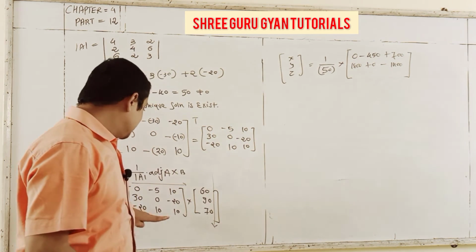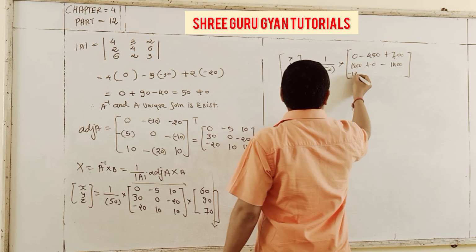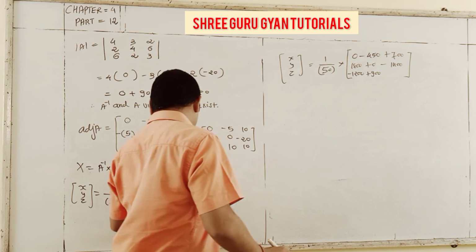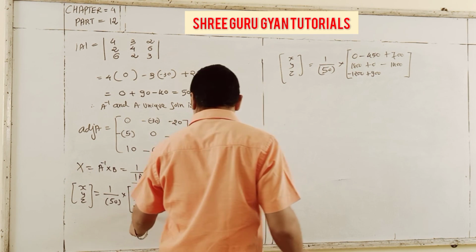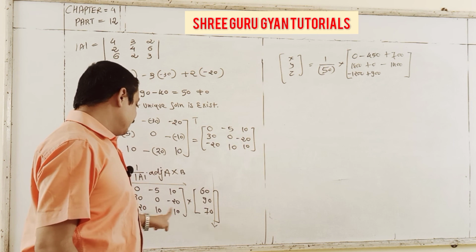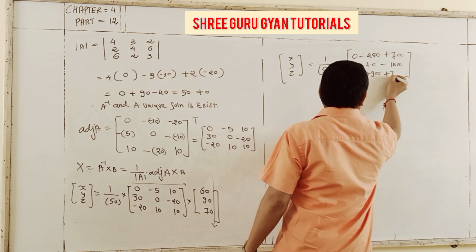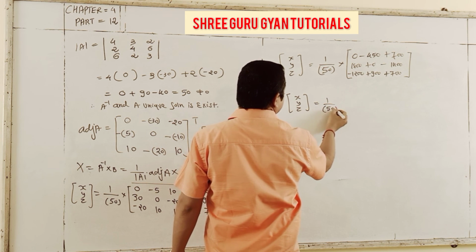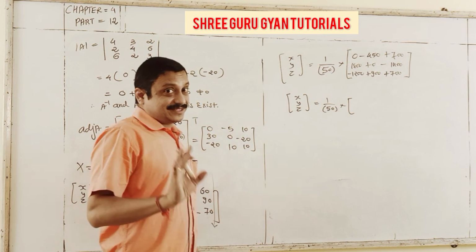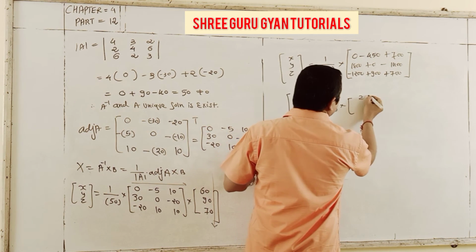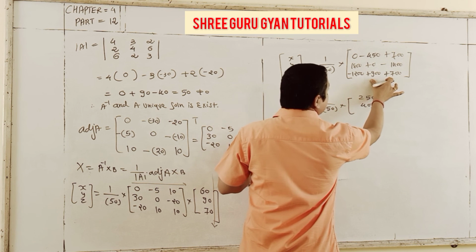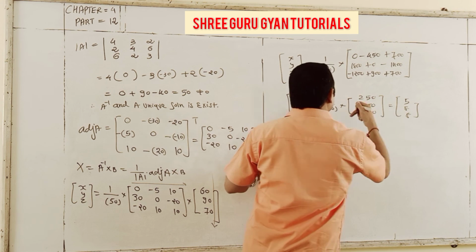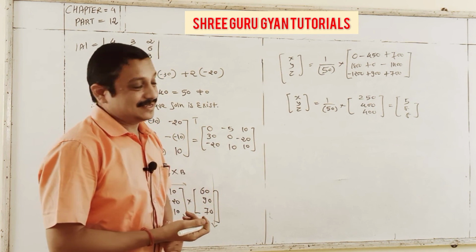And last row: minus 6 times 2 is 1200, then 900 plus 700. So finally the answer is 1 by 50 times: 700 minus 400 means 300, minus 50 means 250; here 400; and again 400. So it is 5, 8 and 8.